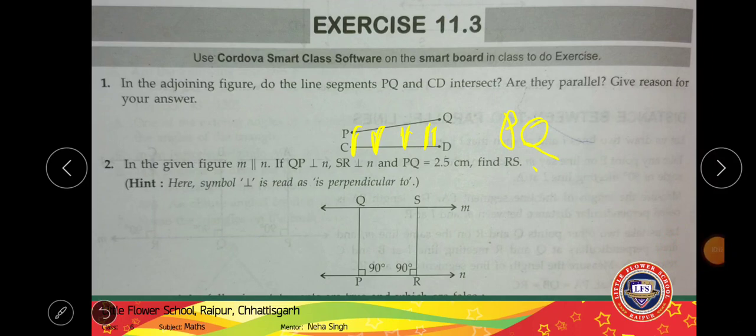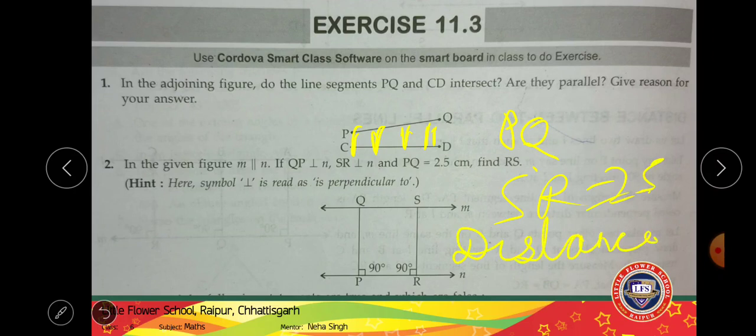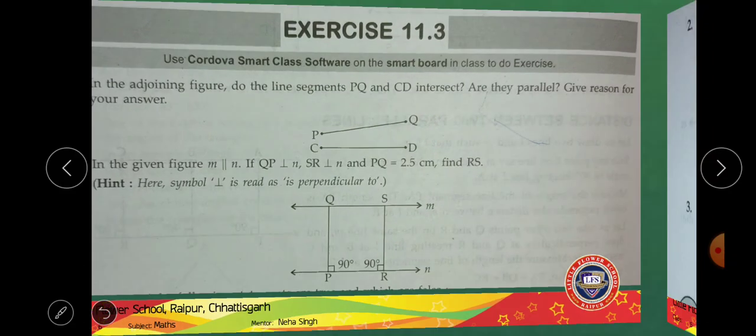PQ is 2.5. Since it is 90 degrees, the distance between two parallel lines, you are going to write SR is also equal to 2.5, and the reason you write: distance between two parallel lines is always the same. Therefore SR will also be equal to 2.5 centimeters.